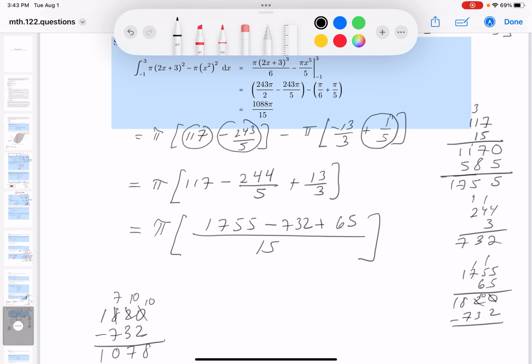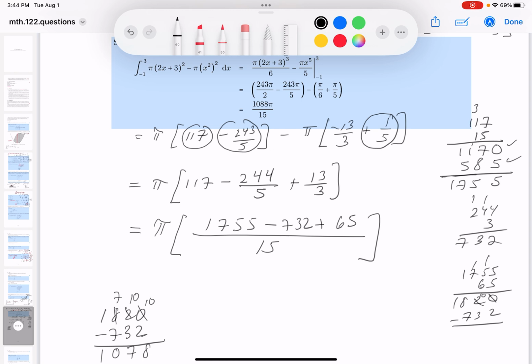Who knows? Let's see, 117 times 15, 117. Oh, I got that part. Let's see, 585. I'm checking this over here now. 5 times 7 is 35. 5, 8, I got that. 5, that's 5. 8 and 7 is 15. 7, I get 1755.